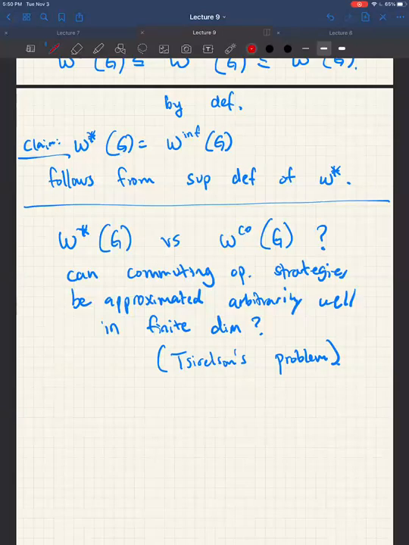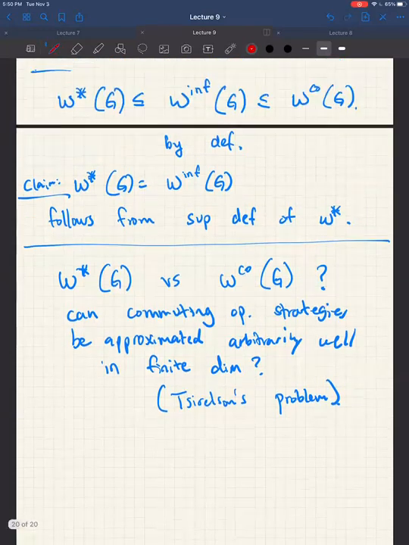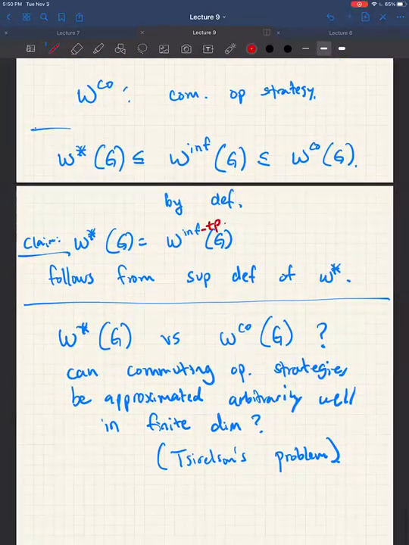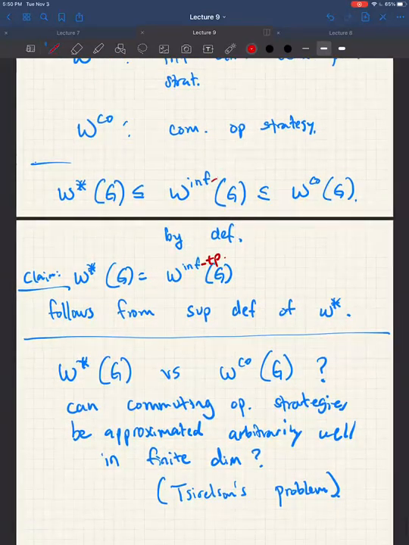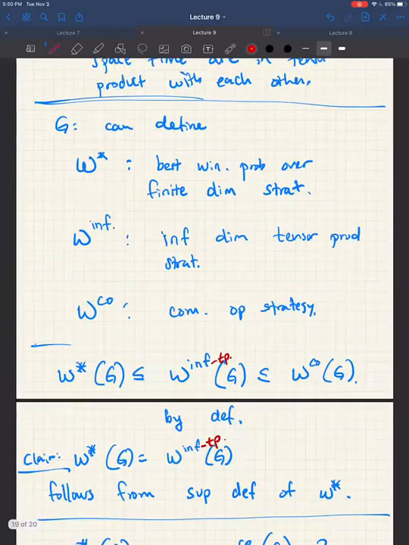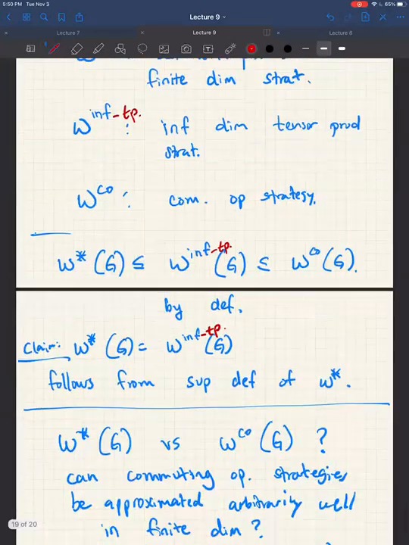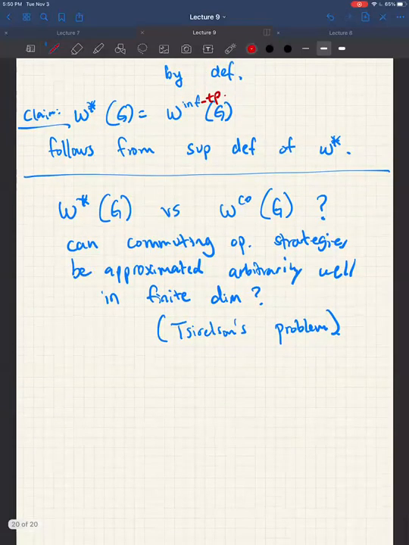And the first thing to say here is that this really is a question about finite versus infinite dimensional entanglement. So I should really say omega inf TP, because otherwise it might be misleading. And why is this the case?